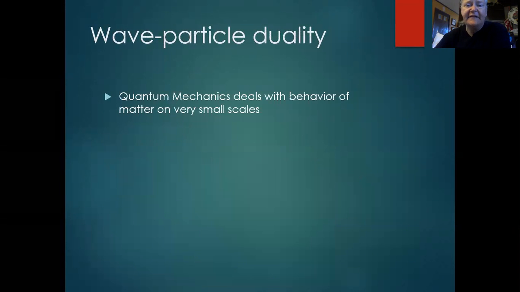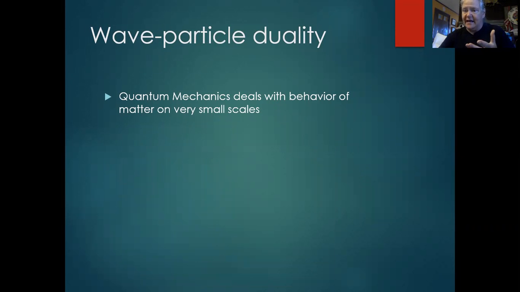So what this does is it gives us this concept of wave-particle duality, where particles, matter, and waves, energy, have some common characteristics. And this was a breakthrough of quantum mechanics. So quantum mechanics broke the rules of classical mechanics, all the stuff we've learned about in physics 1 and 2 up to now, but it had its own set of rules that were consistent for things of very small scale.